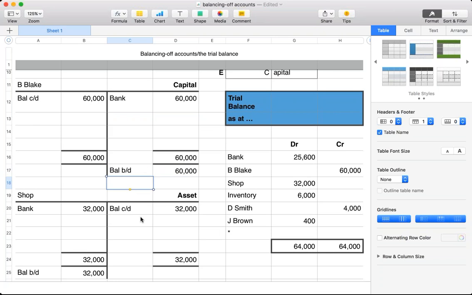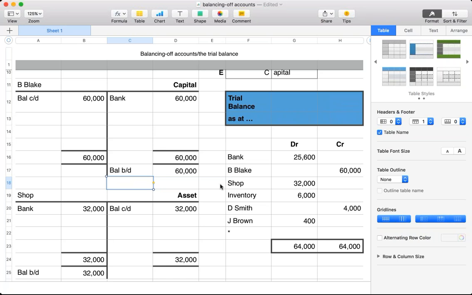Hopefully I've demonstrated that quite well. And so what we're going to do next time, as I say, this is going to be the end of using this as a demonstration. We've gone as far as we can with this demonstration now. We've drawn up the T accounts, we've drawn up the transactions, we've discovered which account should be debited and which should be credited.